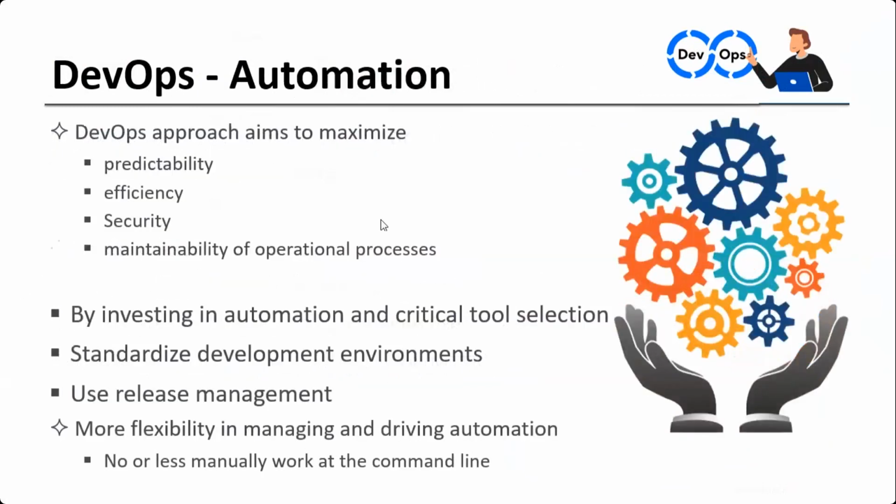Next on the DevOps term of automation. So what is automation? In automation, okay, DevOps focuses on maximizing the predictability, the efficiency, security, and the maintainability in terms of automation. Okay? So it's maintained by investing in automation and critical tools selection.